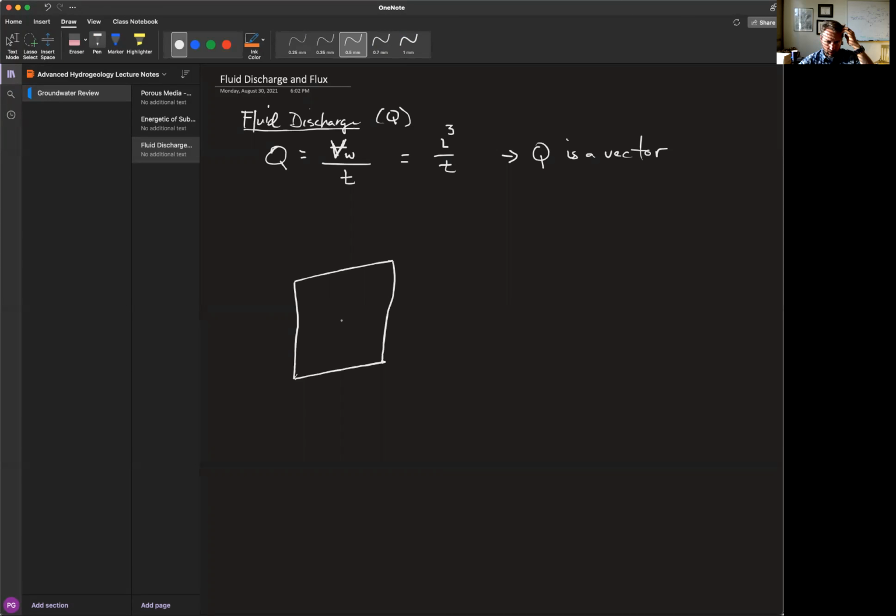So there's some plane. Actually, maybe it's better not to think of the discharge as a vector, but the fluid velocity as a vector. So we have some fluid velocity, v, which is a vector. So Q, discharge, is the flow across the plane.